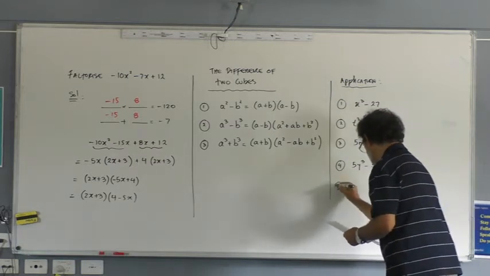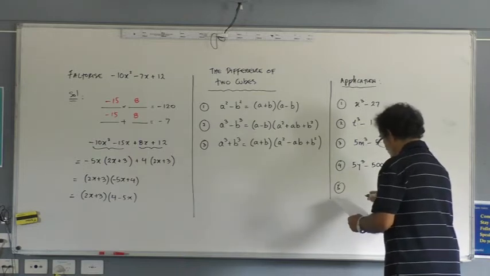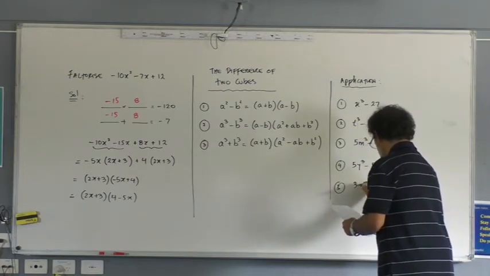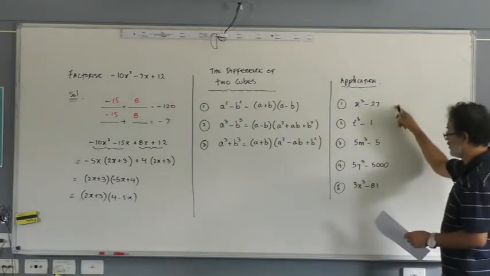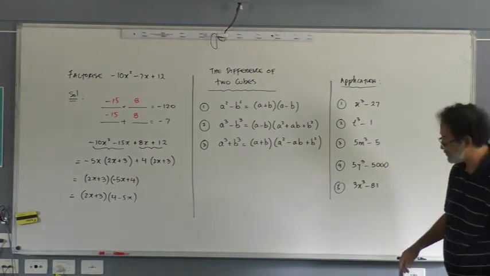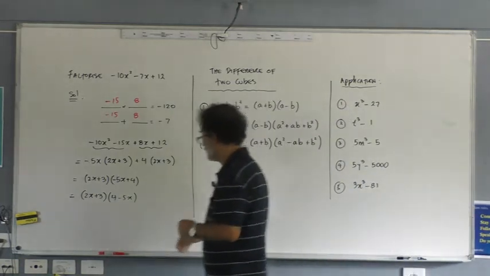And 5 is 3x cubed minus 81. Okay, so we're going to do all these questions. Wait, why'd you do 5? That's not a 2.